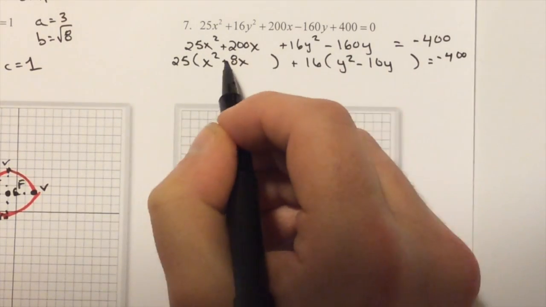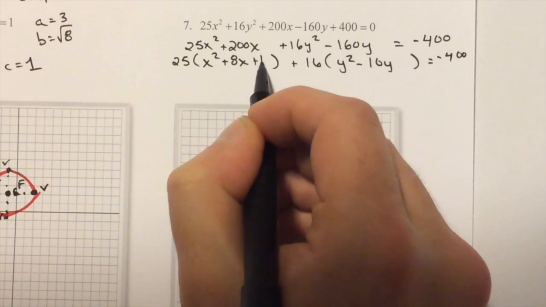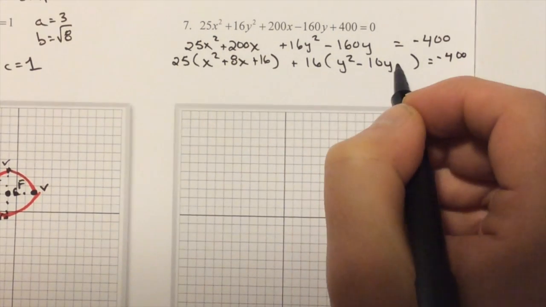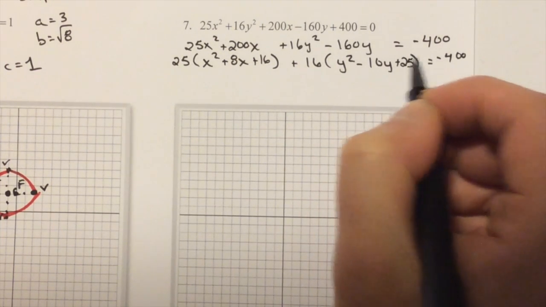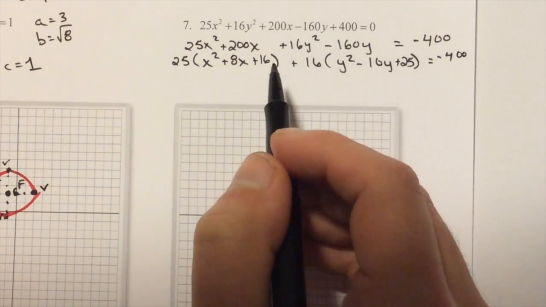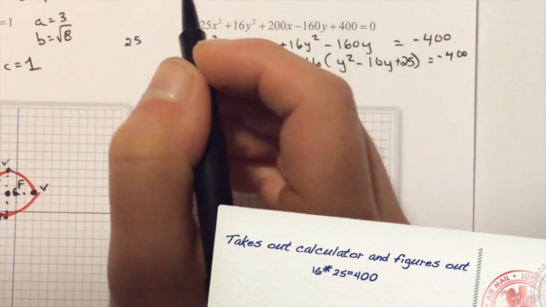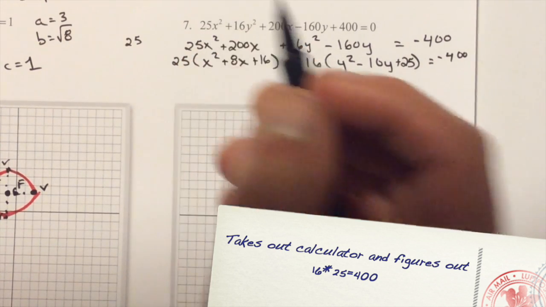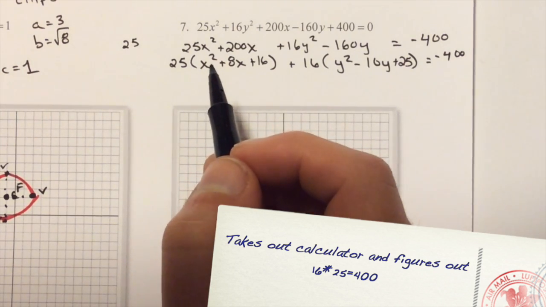So, last bit, complete the square. Half of 8 is 4 squared, 16. Half of negative 10 is negative 5 squared is 25. So now I just have to do 16 times 25. If I had a calculator handy, I'd just pull it up and say 16 times 25 is 400.